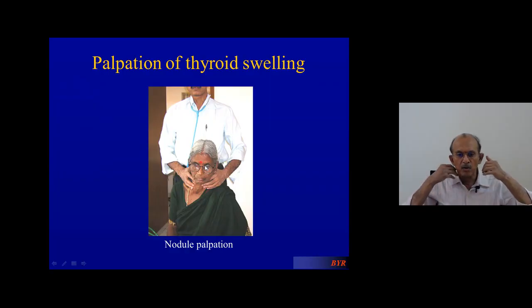So you keep your thumbs over the occiput and press forwards, and keep your 4 fingers, except the thumb, on the front of the neck of both hands, and then you palpate. Palpate both lobes of the thyroid gland, isthmus of the thyroid gland, trachea, then sternomastoid muscles, then carotid vessels, then lymph nodes.